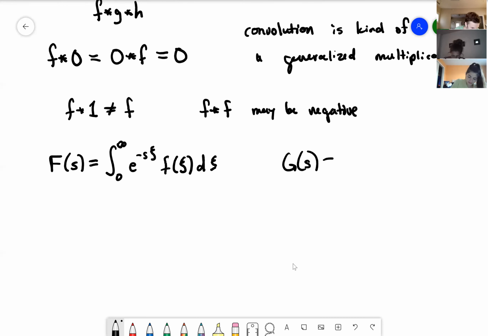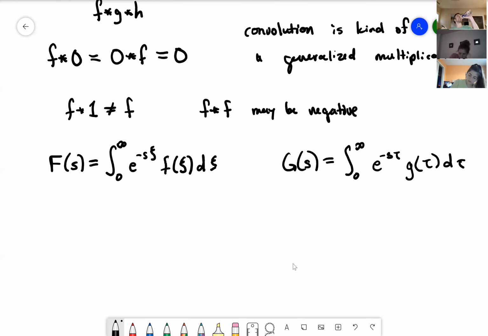And G of s, we're going to use tau as the dummy variable here. That's tau. G of tau, d tau. Okay, so this is the Laplace transform of little f and the Laplace transform of little g.